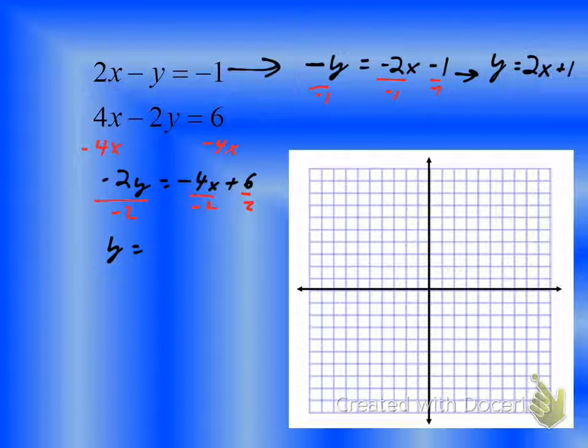So you get y equals 2x minus 3. Okay, and you notice what? Same slope, so I'll expect you guys to graph these, but what's our answer going to be? No solution.